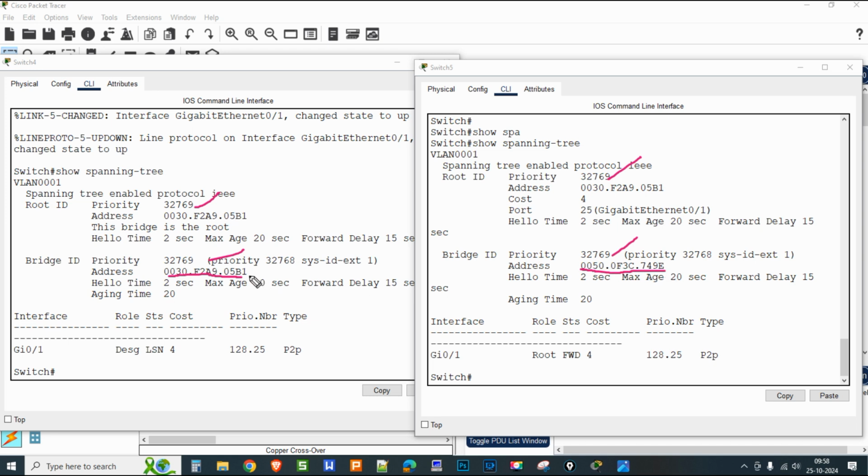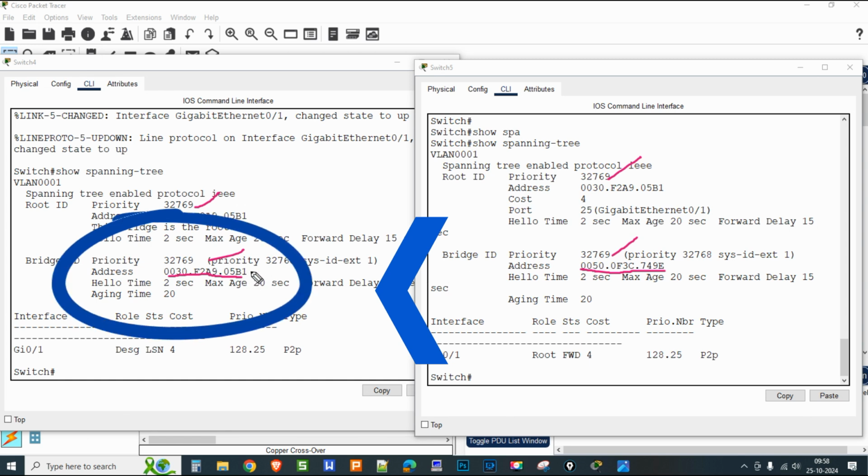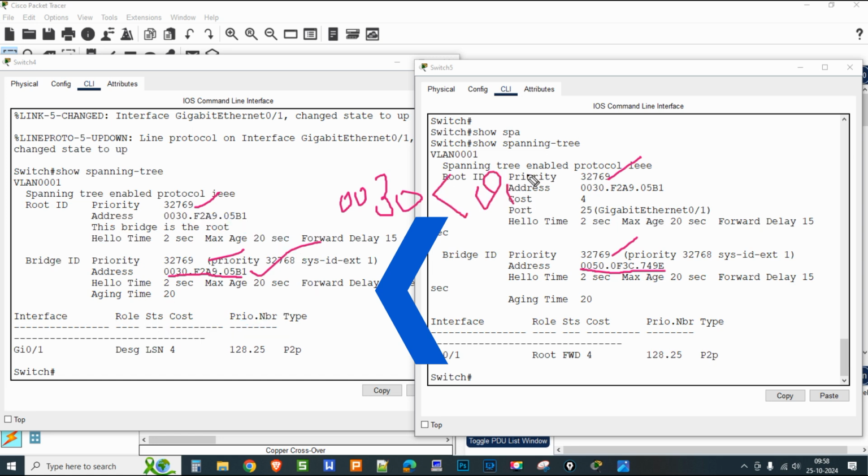So which switch has the lowest MAC address? This one is having the higher MAC address, because by comparing the value, 0050 is greater than 0030. By default, the priority value of every switch is the same, so the election is decided based on the MAC address. Here, the left side switch has the lowest MAC address.